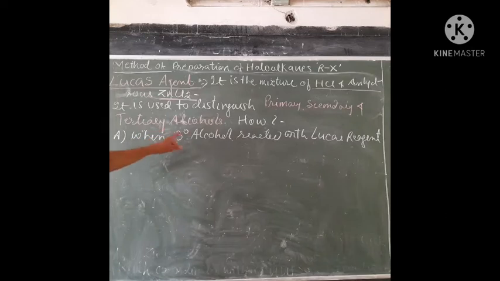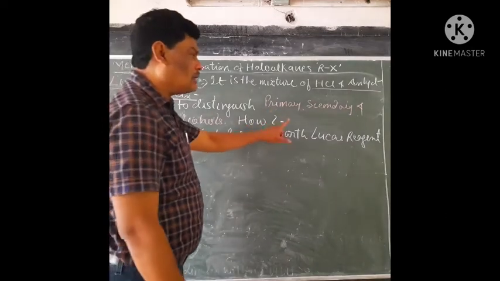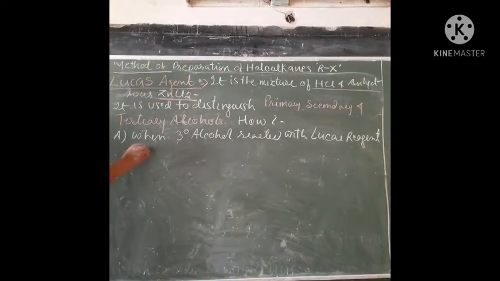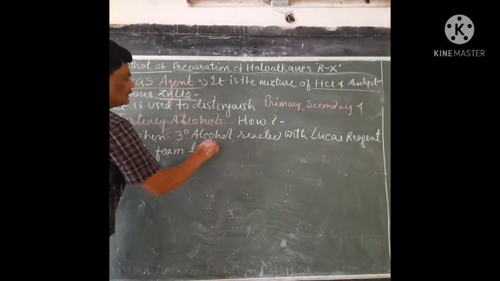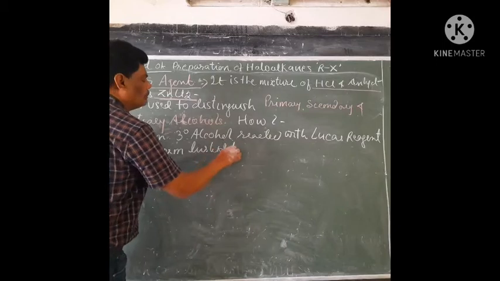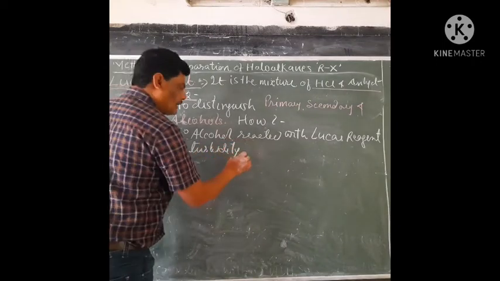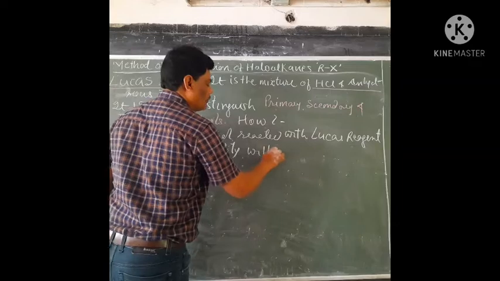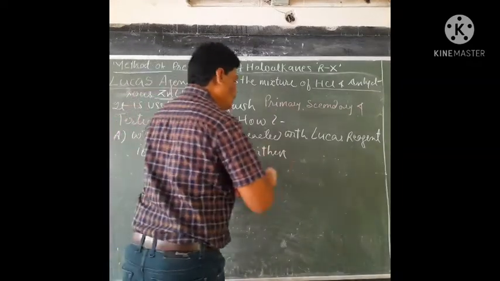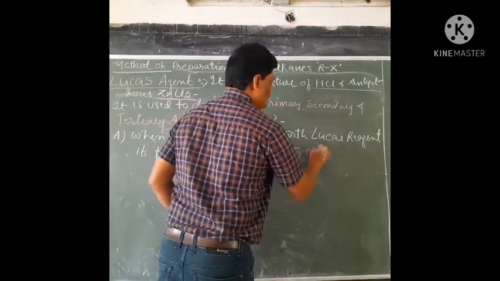So when tertiary alcohol is reacted with Lucas reagent, it forms turbidity, okay, within 5 minutes.